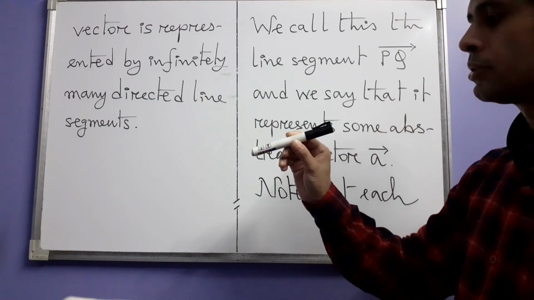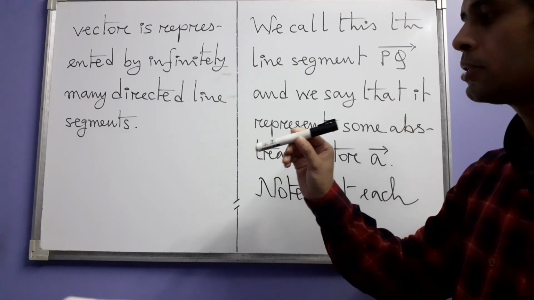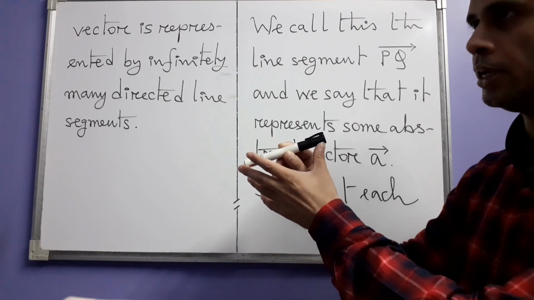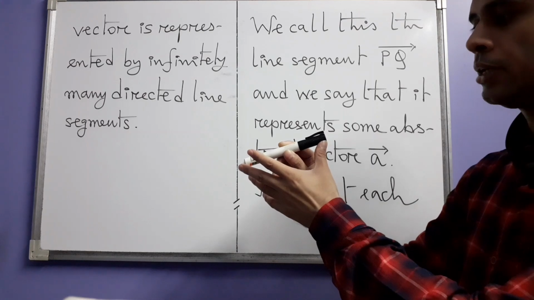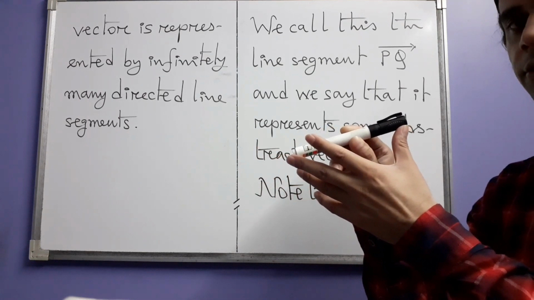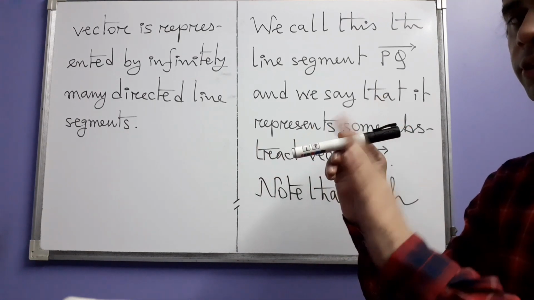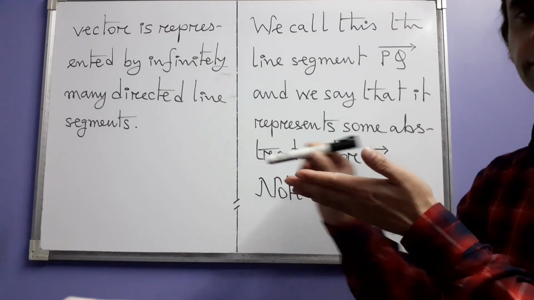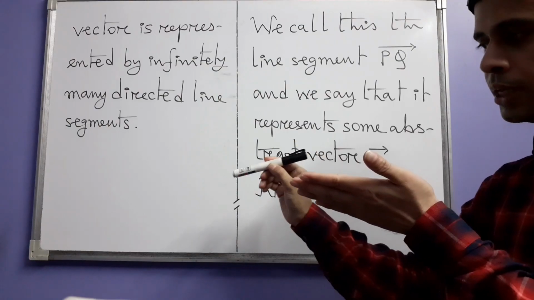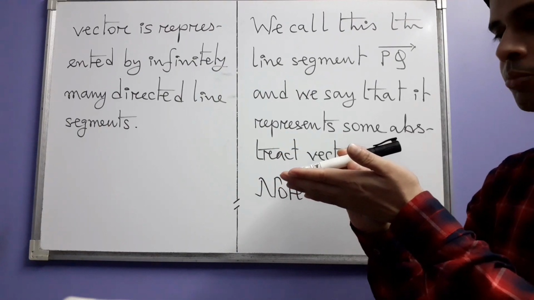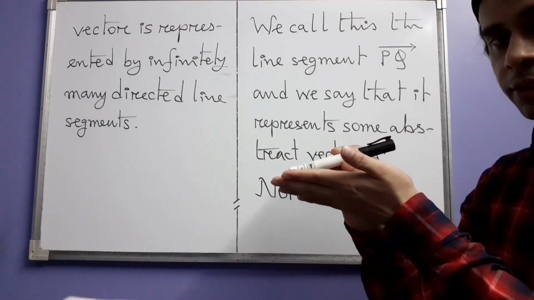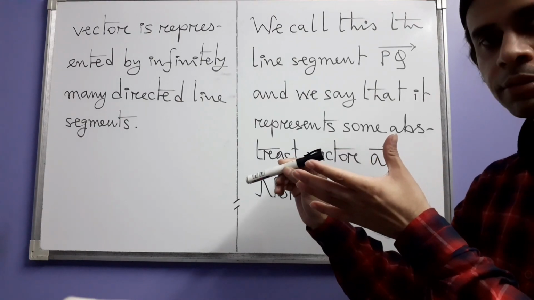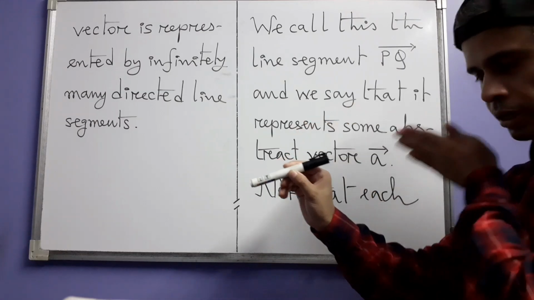Now instead of thinking of this specific directed line segment which is located in space precisely here, you can also think of this one. Note that this one and this one are actually two different directed line segments because they are different geometric objects, right? That one is there, this one is here, but as a vector quantity itself, it has the same magnitude as the previous one and the same direction.